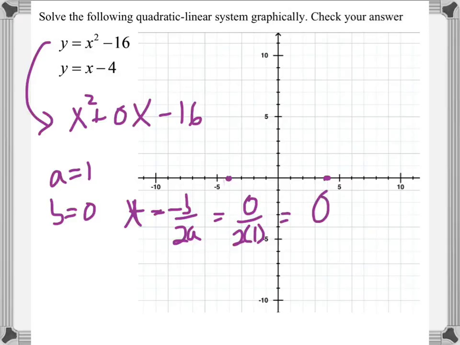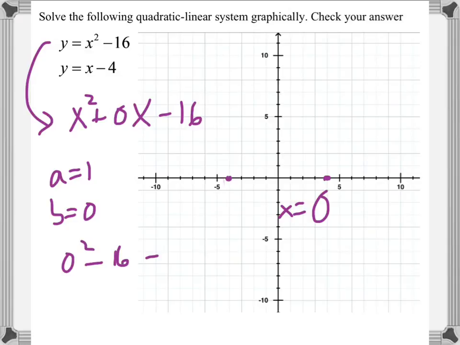Okay, so I know that my vertex is going to be somewhere along the y-axis, right, because the x is equal to 0. Now if I put that back into the quadratic equation to find the y value, I'd have 0 squared minus 16, so it's negative 16. And actually I should have anticipated this, but it goes down much further than my graph. So let's just pretend that this is the value that it goes to.